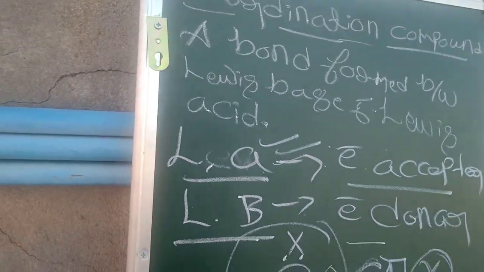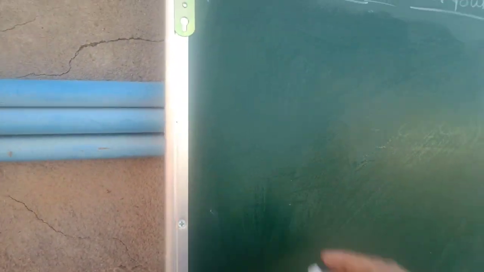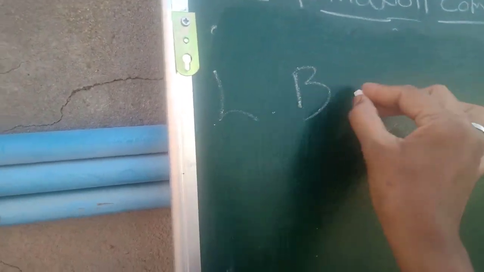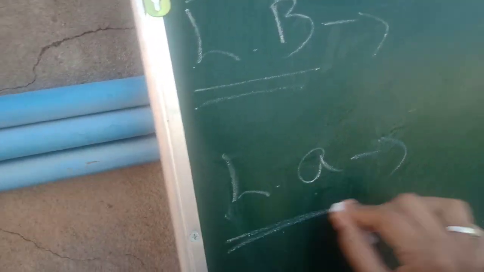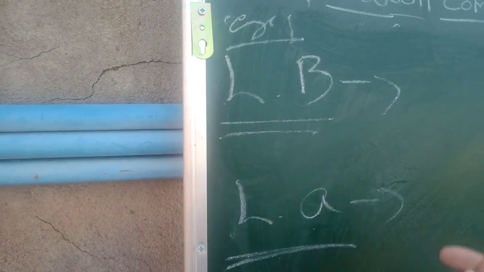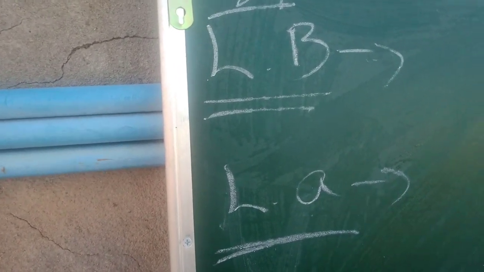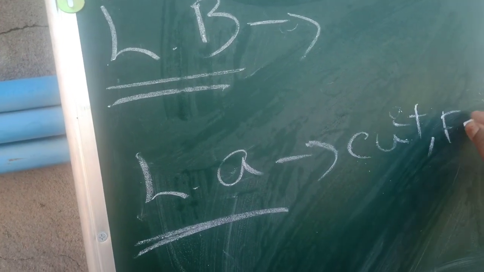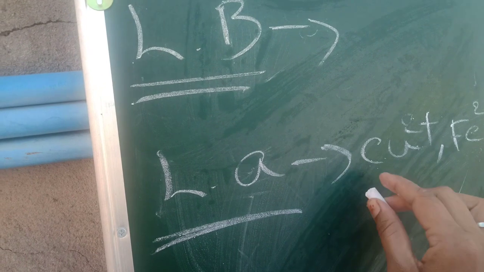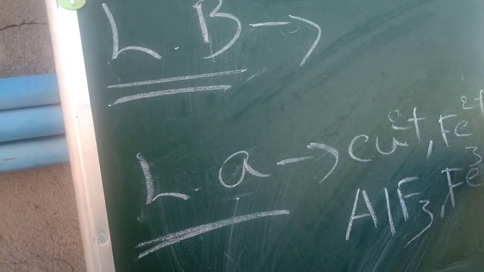So what are the examples for Lewis acids and Lewis bases? Examples of Lewis acids are Cu2+, Fe2+, AlF3, Fe3+, and so on.